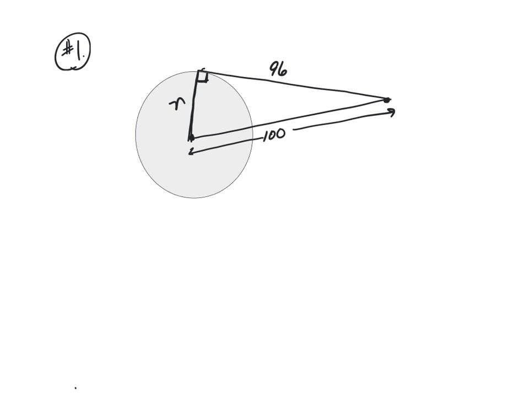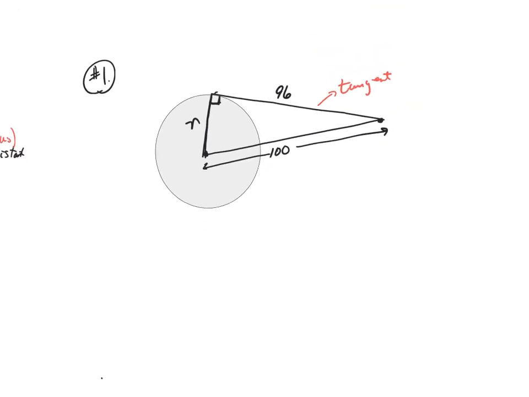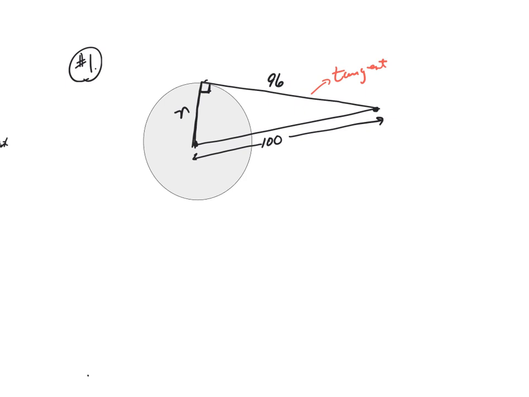So as an example here, we have a circle. What I've done is I've drawn a tangent. So this line that's 96 units long is a tangent. And then we've drawn the radius to the same point. So the point that we're talking about is this one right here.